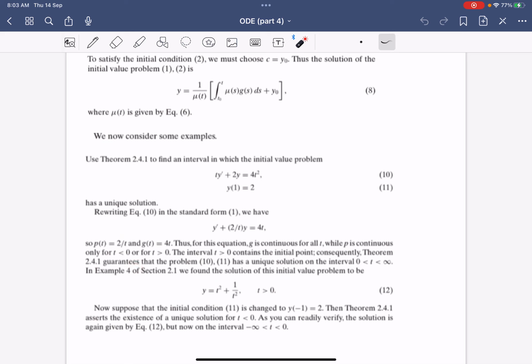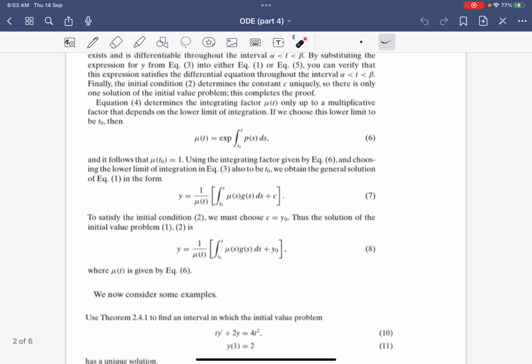Because the initial point is lying on the right branch, it must be t larger than 0. It must contain the initial value point to have a solution there. So this problem has a unique solution from 0 to infinity. You can see how we have used the theorem to help us find the interval in which there will be a solution.